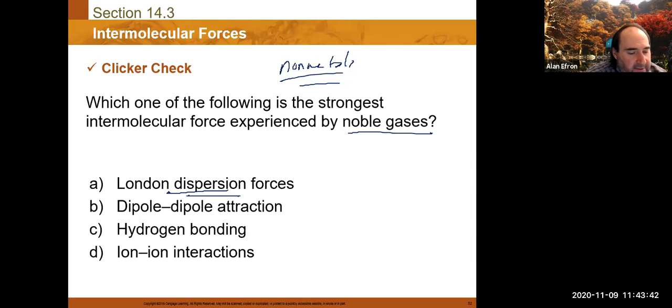And again, nonmetals and nonmetals coming together, that is typically what those guys would use. Here again, we need something that's going to be polar, which is not going to happen with noble gases, does not have hydrogen, and they are not ions. So those guys would not work. So it is going to be dispersion forces here. Any questions on that one?